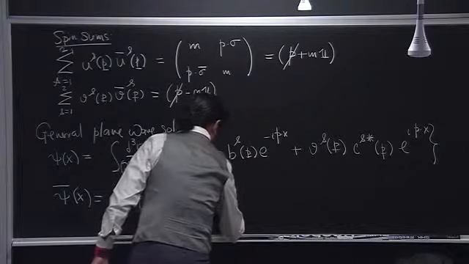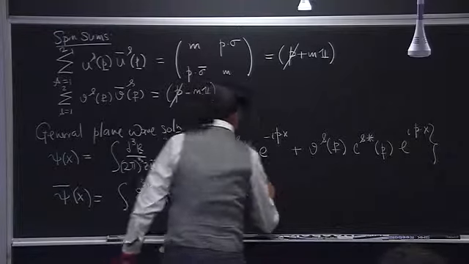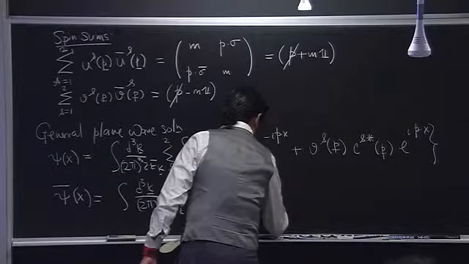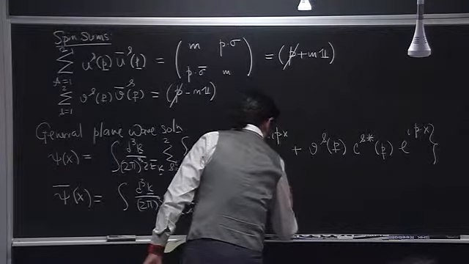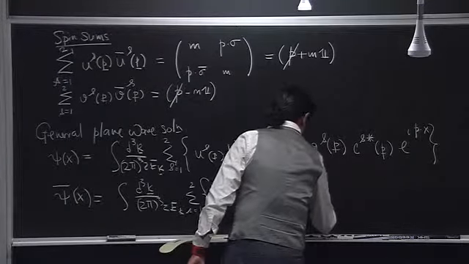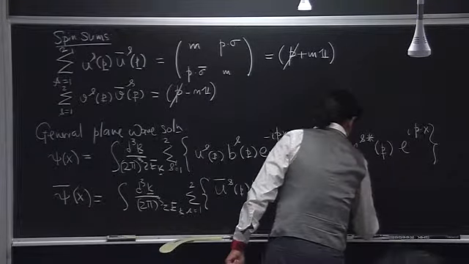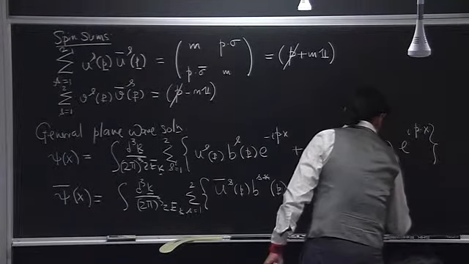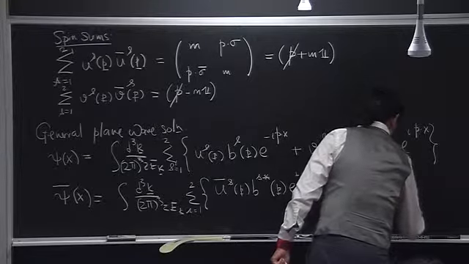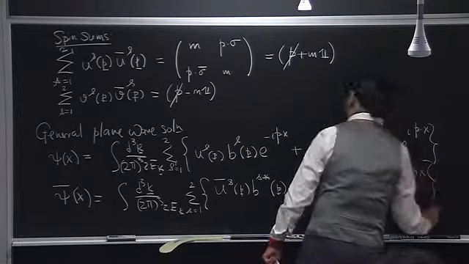Here you have a u bar, so that means there's a gamma 0 multiplying it from the right. Then we have d_s star of p e^{+ip·x} plus v bar_s of p c_s of p e^{-ip·x}.